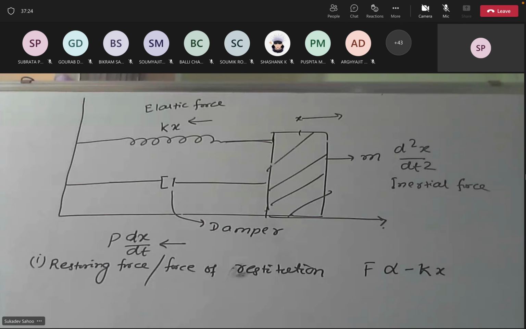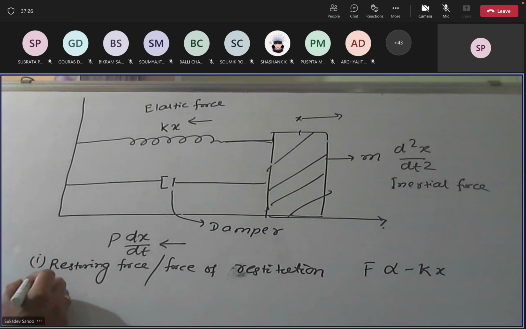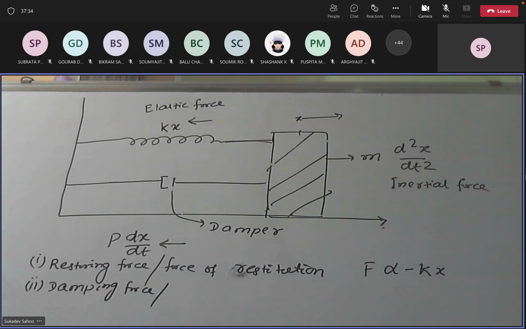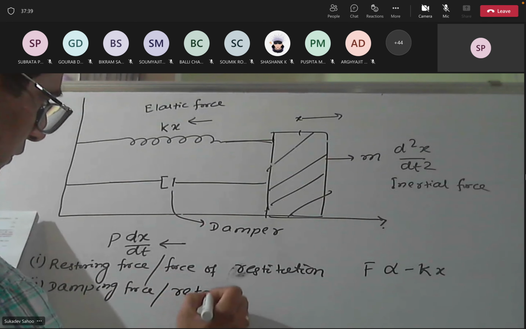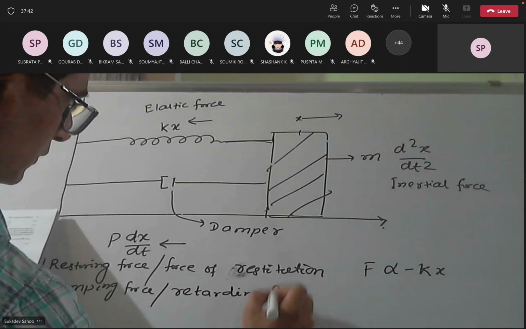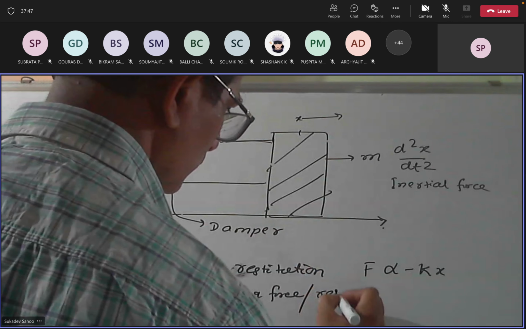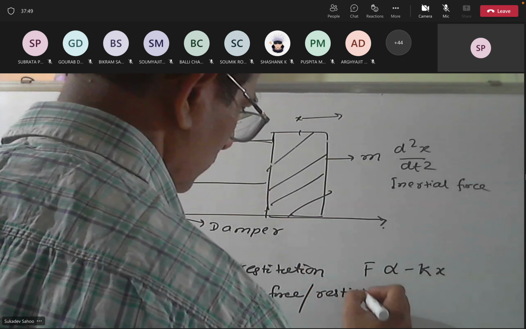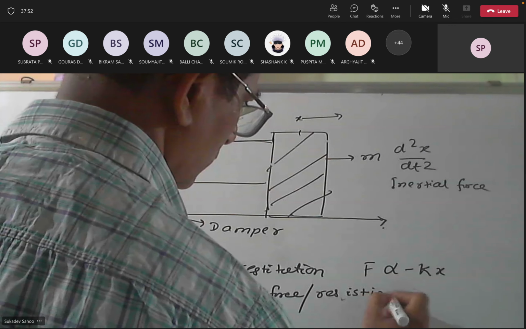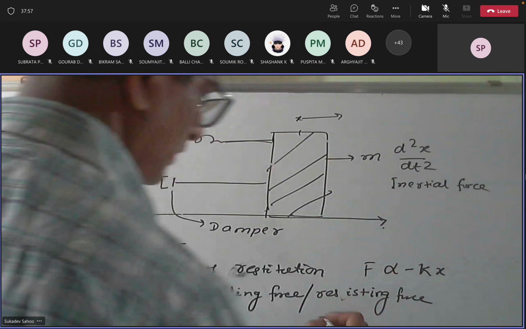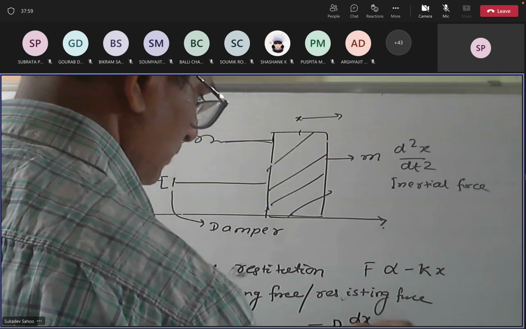Similarly, another force is acting upon the system, that is the damping force, or in some books it is written as retarding force or resisting force, which is proportional to the velocity, that is minus p dx by dt.